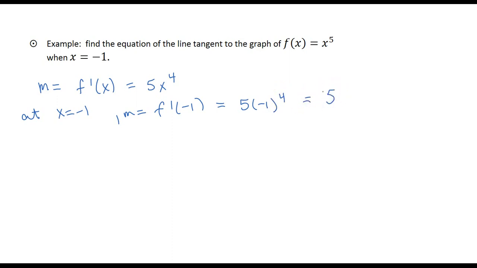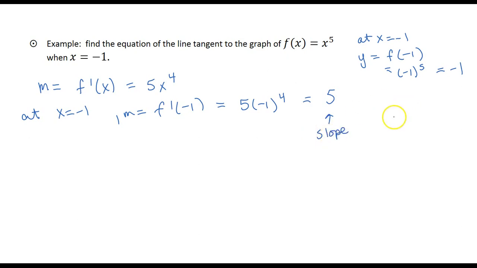Now, you need a slope and a point. If you know the x value, at x equals -1, y is just going to be f evaluated at that. So if you ever just need the point, always go back to the original function. That would be -1 to the 5th or -1. So our point is going to be -1, -1.